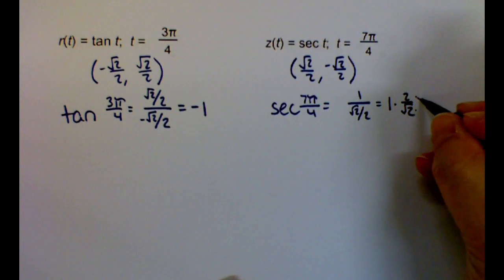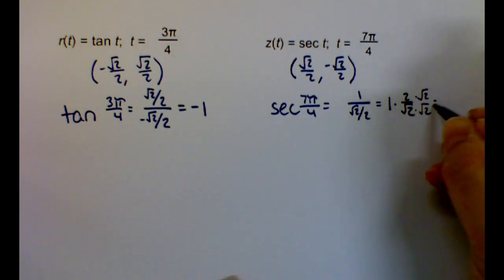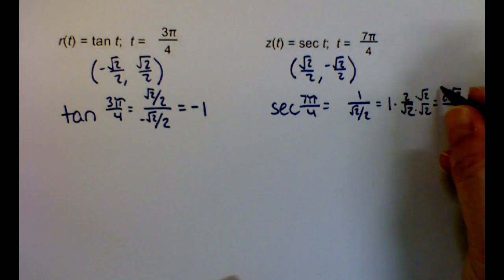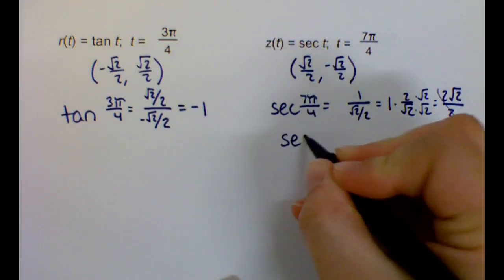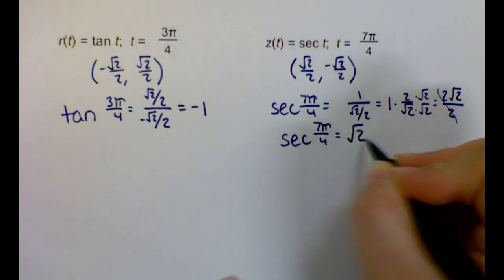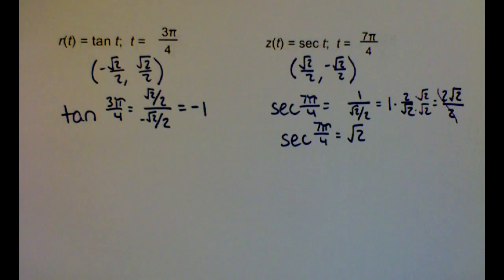I don't like square roots in the denominator. I get 2 square root 2 over regular 2. Those 2's cancel. And the secant of 7 pi over 4 is the square root of 2. The nice thing about the unit circle is that once you've done the 6 trig functions for every angle, you don't have to do them again because they're not going to change.